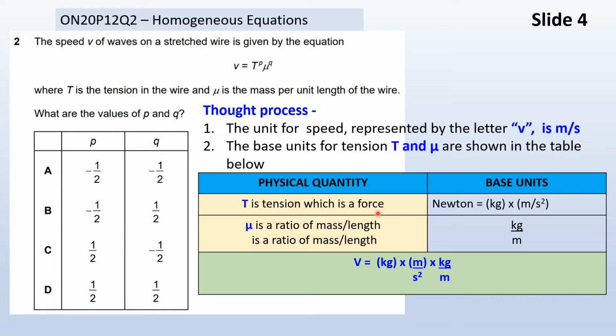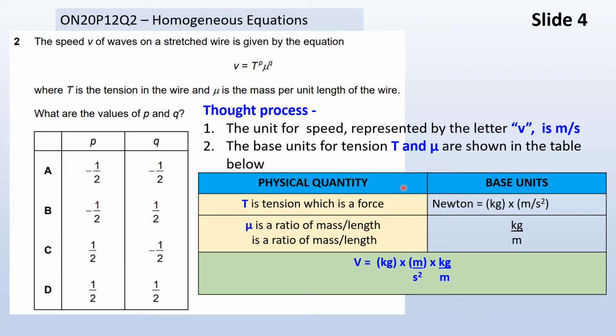Tension is a force, and the base units for force are kilograms times meters per second squared. Mu is a ratio, which means it is a fraction, mass over length, because that's what the statement says. The base unit for mass is kilograms, and the base unit for length is meter.